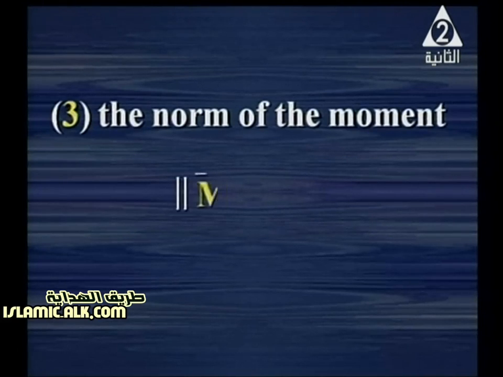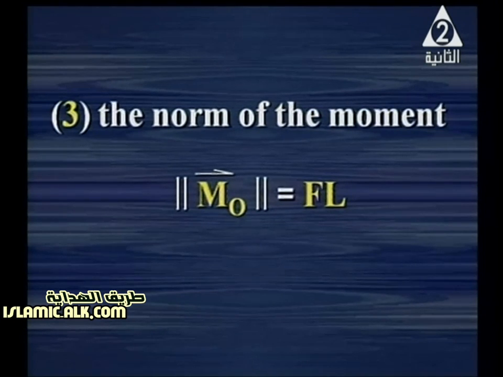Norm of the moment: what is the norm of moment? F times L, where F is the force and L is the perpendicular distance from O to the line of action of the force.